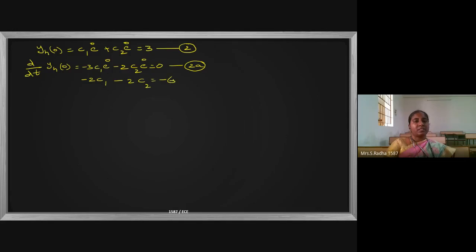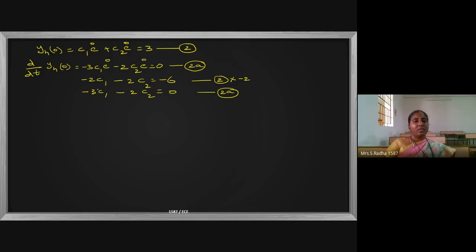This is equation 2 multiplied by minus 2. Now equation 2a I will write as it is: minus 3c1 e power 0, which is 1, minus 2c2 equal to 0.